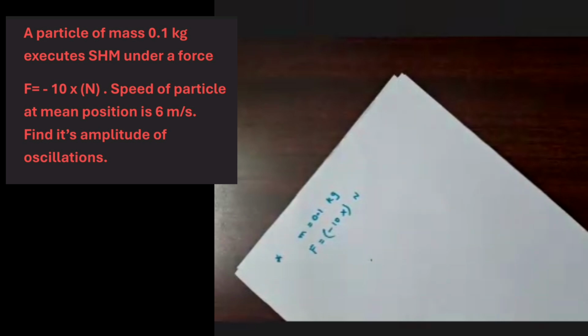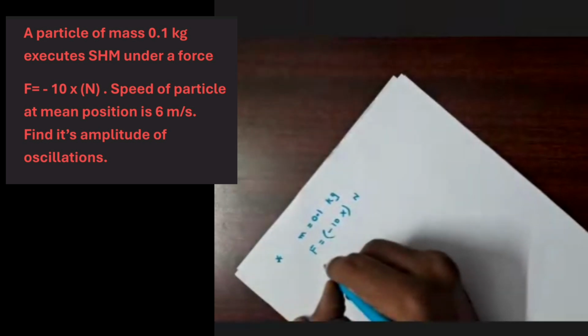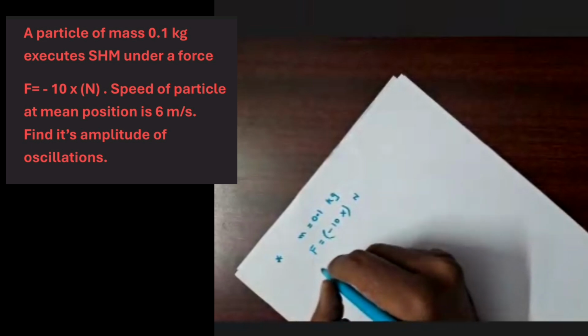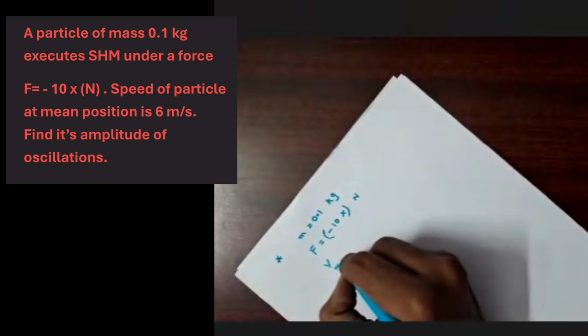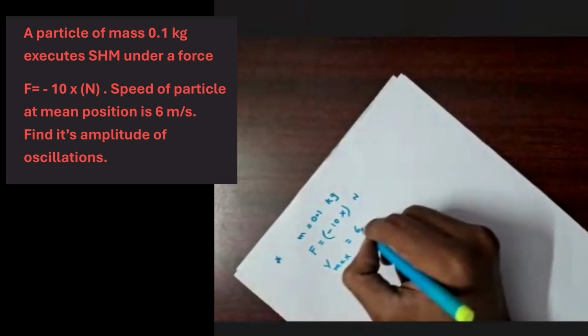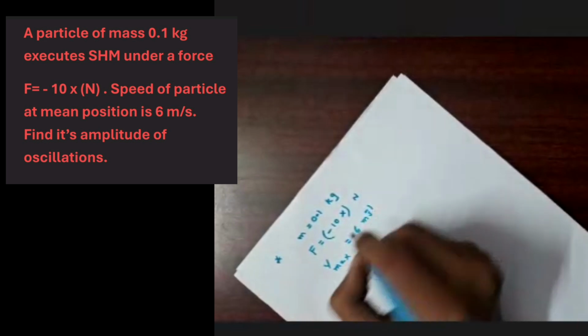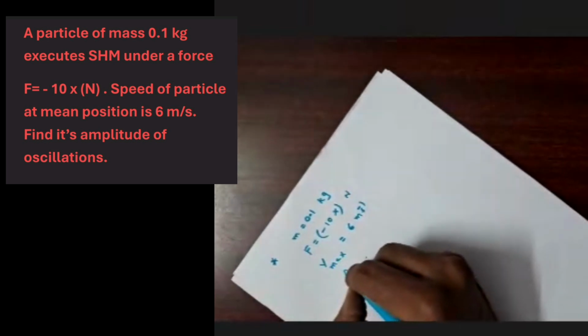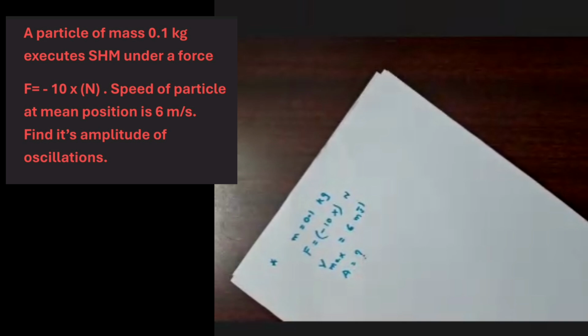Speed of the particle at the mean position is 6 meter per second. At the mean position it is nothing but the maximum velocity, v max given in the problem, which is 6 meter per second. Find its amplitude of oscillation. So we need to calculate the A value.